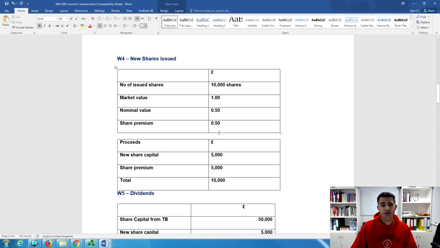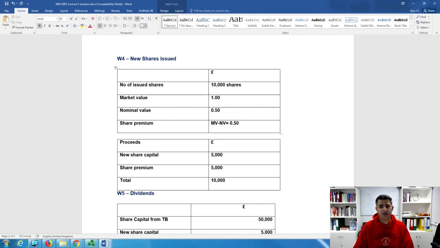So the share premium equals the difference between the market value minus the nominal value. So the market value is £1 minus the nominal value of 50 pence, that goes to a 50 pence premium value.